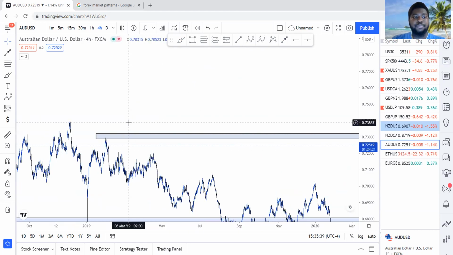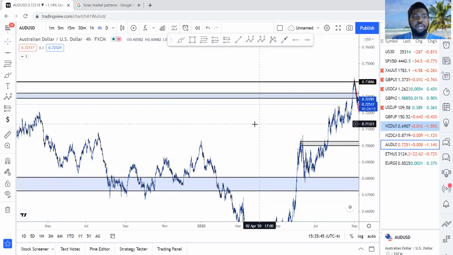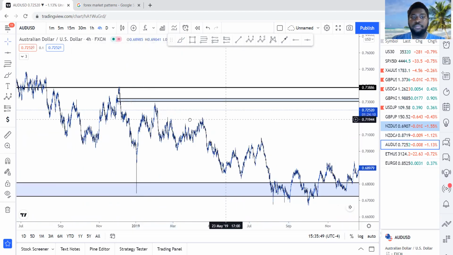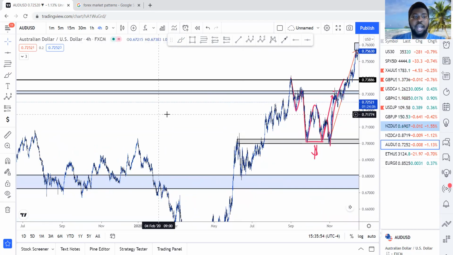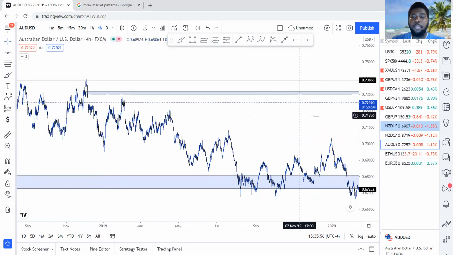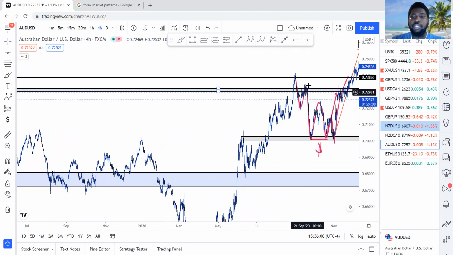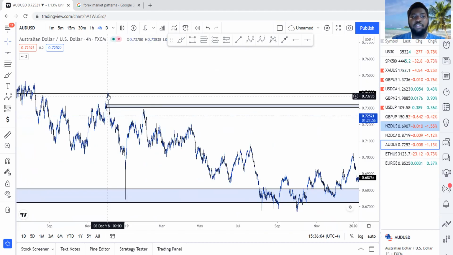So look what happened over here as well, guys. We had highs over here. Price went up, came back in, retested that structure, and came down. But not only that, what do we have over here?